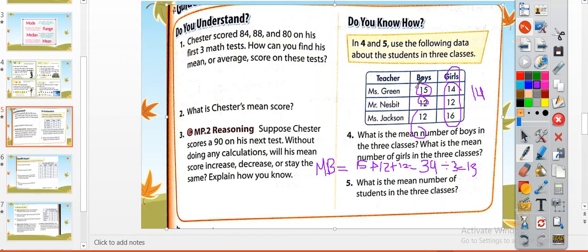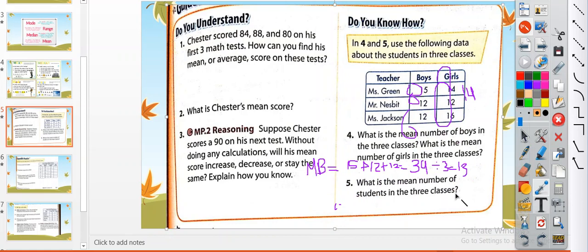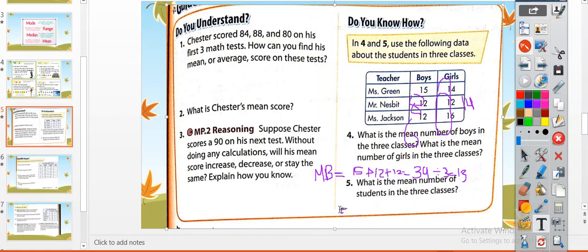You're gonna add up all the number of students, which is 15. Let me use the text here. It's gonna be easier. You're gonna write 15 plus 12 plus 12 plus 14 plus 12 plus 16.